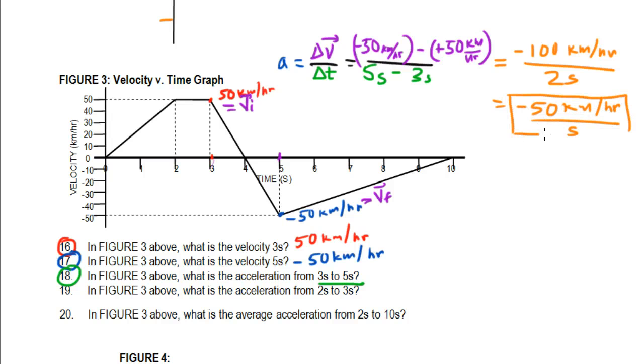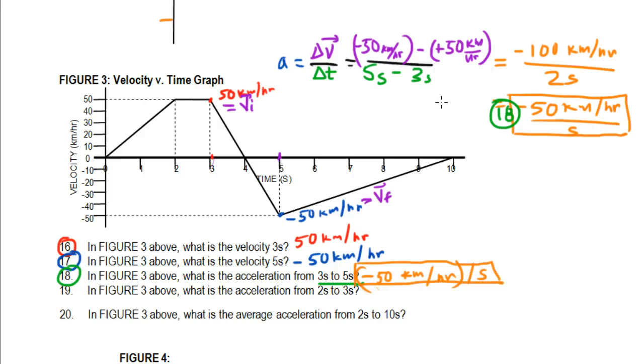And that's your answer for number 18. Okay, number 18 is negative 50 kilometers per hour per second.